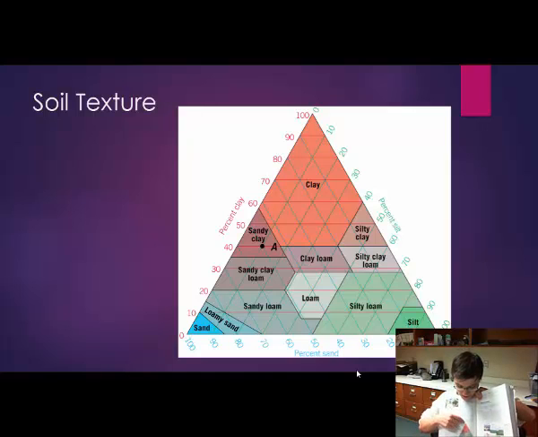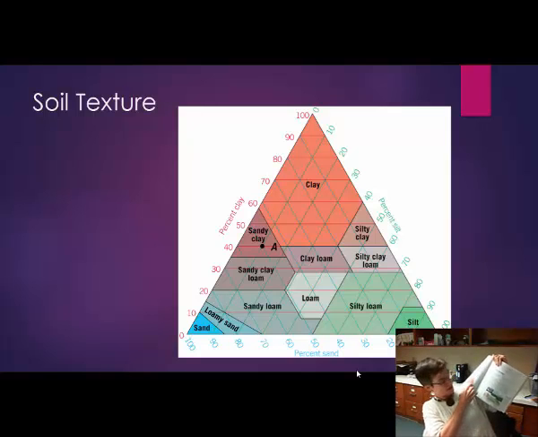Now how you read this is these numbers along here are facing this direction, so you read the lines going this way. Over here, these numbers are facing this direction, so you follow the lines this way. And down here, these are tilted in this direction, so you read the lines this way. So let's see what a loam is made out of. That's this point right in here.